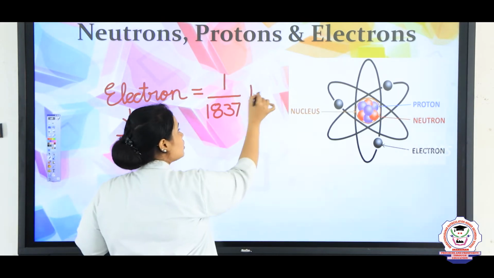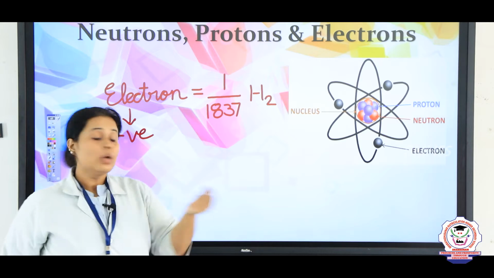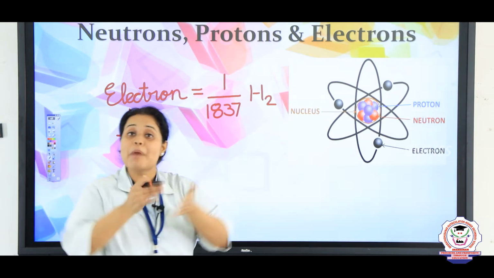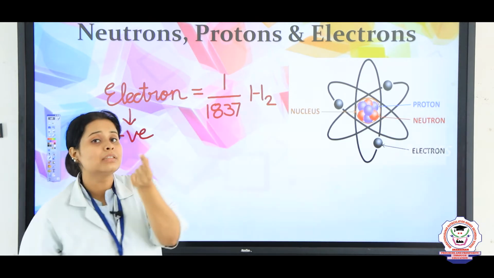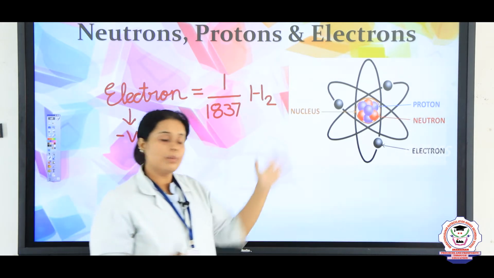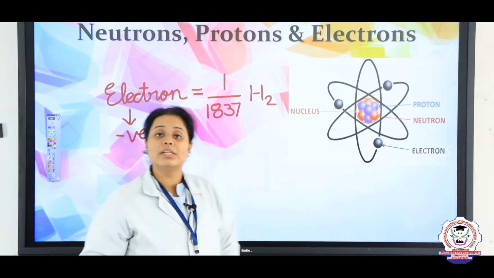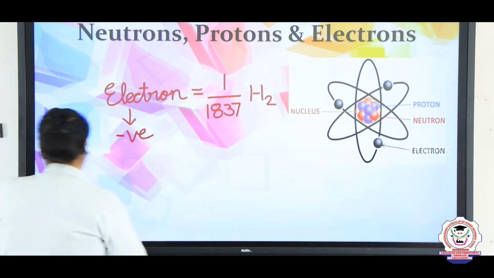So just imagine how small it is. Out of 1837 parts, only one part is the mass of an electron. That is why we say the mass of an electron is very small.